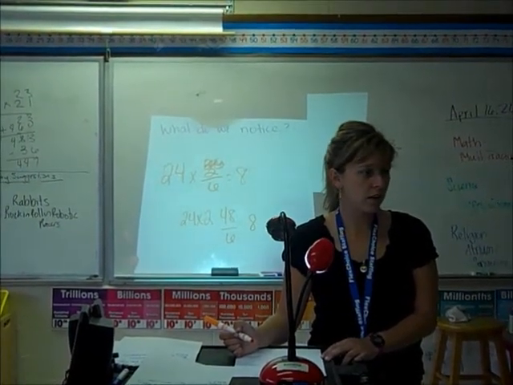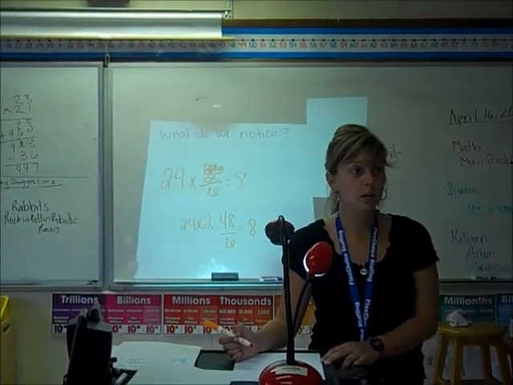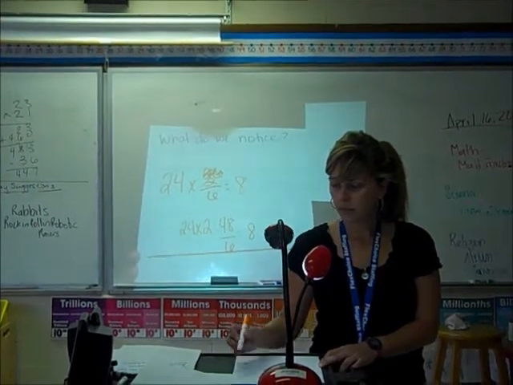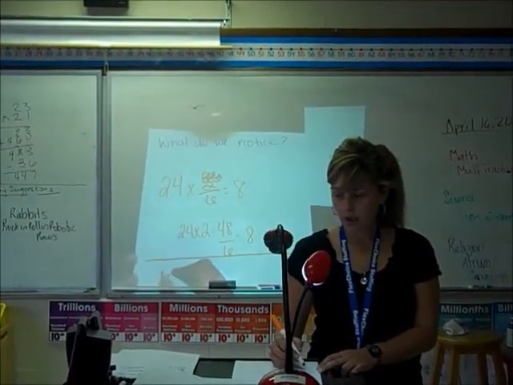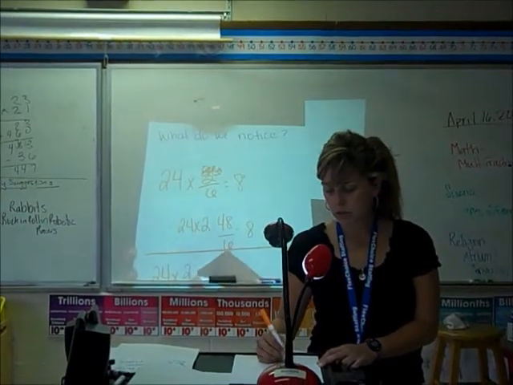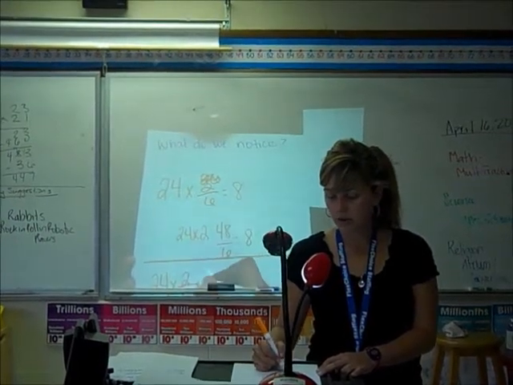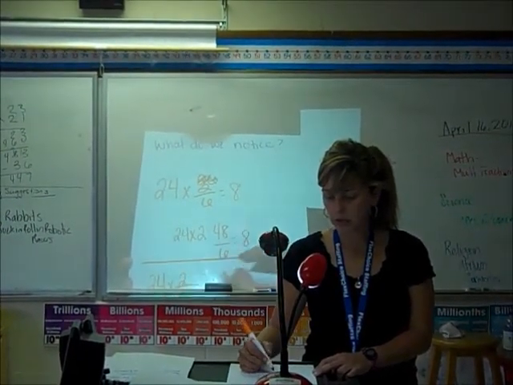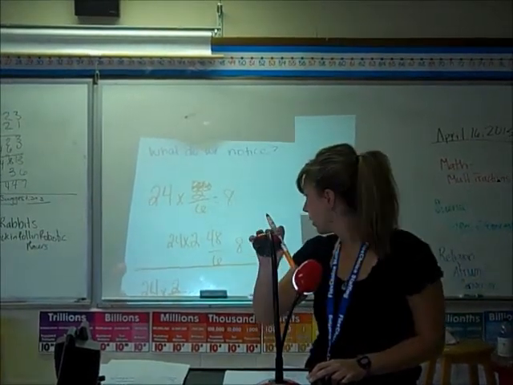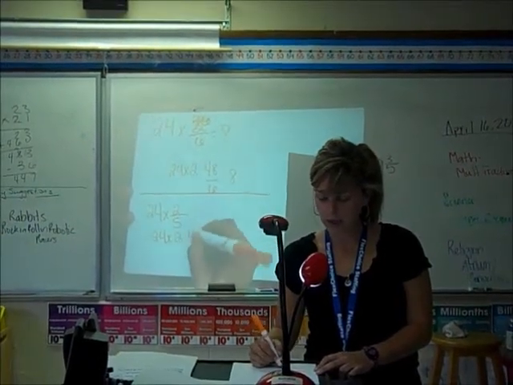Does everybody see that? Does everybody understand what we did? Clay? Do you understand? Okay. And then, if we take 24 and we multiply it by 2/5, Charlie said we can also do 24 times 2, which equals 48.